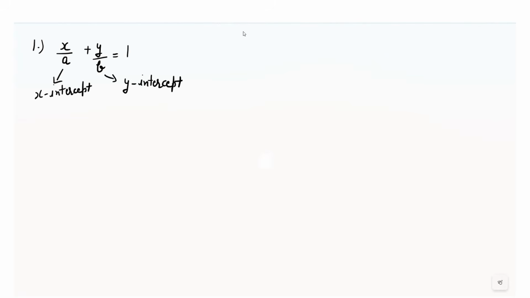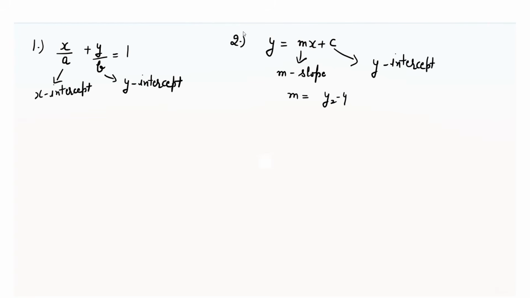The second way is we can use y is equal to mx plus c, where m is the slope and c is the y-intercept. To calculate the slope, we use the formula m is equal to y2 minus y1 over x2 minus x1.